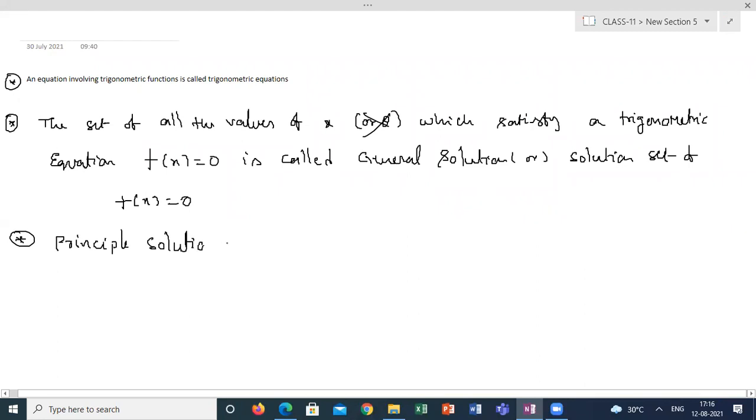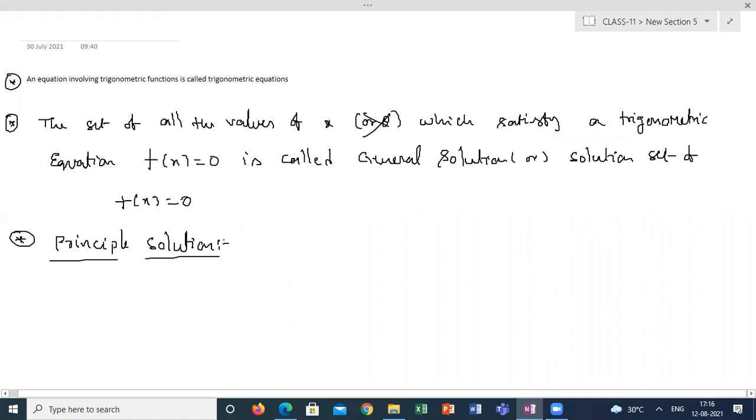Principal solution is a particular range of values only. Cyclic functions repeat the same values again and again. Only a particular range of domain we are taking the solutions, then those particular domain values we consider as the principal solution.